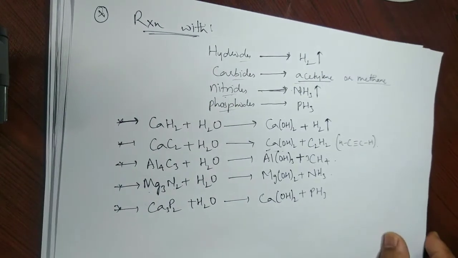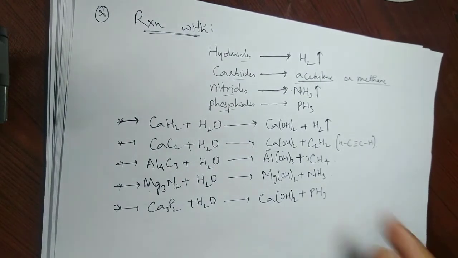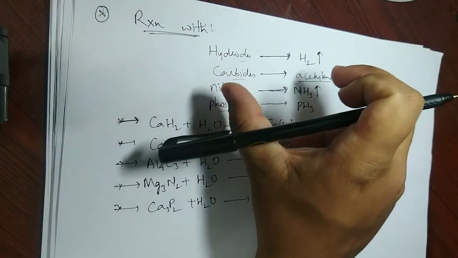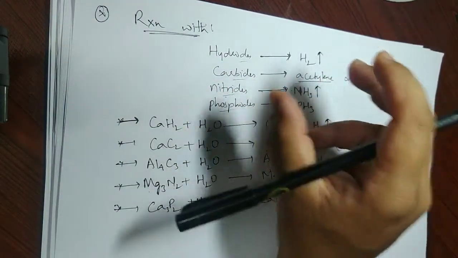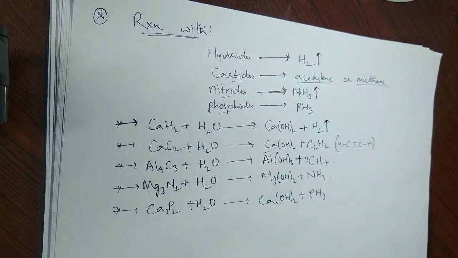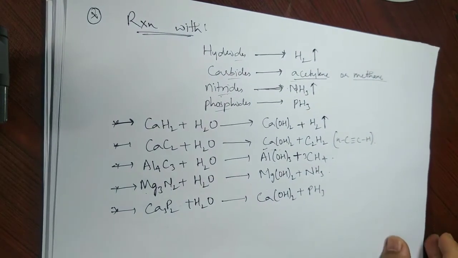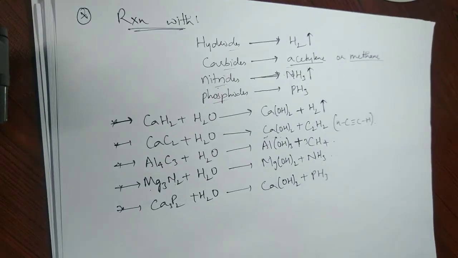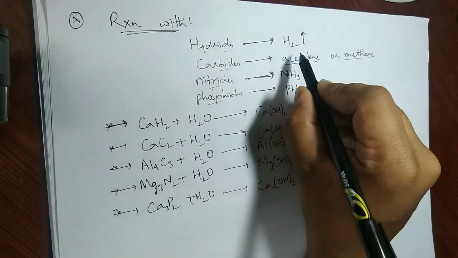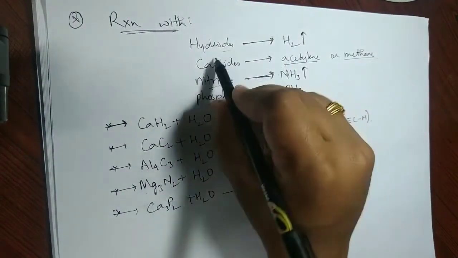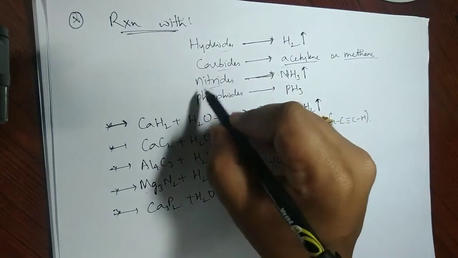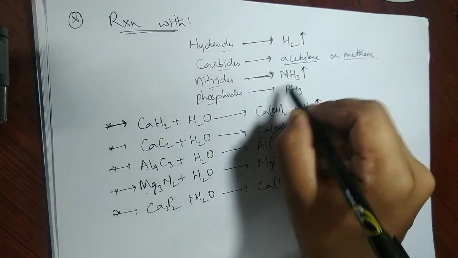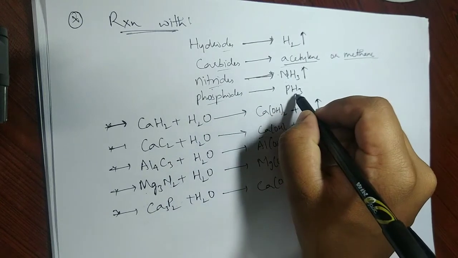I wanted you not to by heart the reactions. Understand the reaction first of all. If you can understand what product is formed, if you can anticipate them over a period of time, it is very easy for you. So hydrides, H2 gas; carbides, acetylene or methane; nitrides, ammonia; phosphides, PH3.